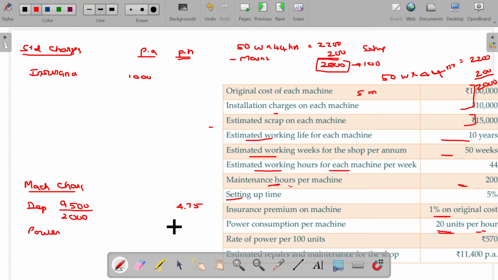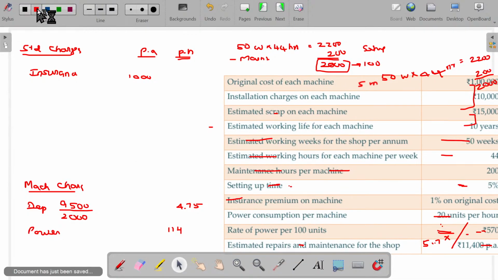Clearly stated, it is 20 units per hour. Rate of power per 100 units is 570, so 5.7 per unit. Per hour it consumes 20 units, so 20 into 5.7 is 114 per hour.